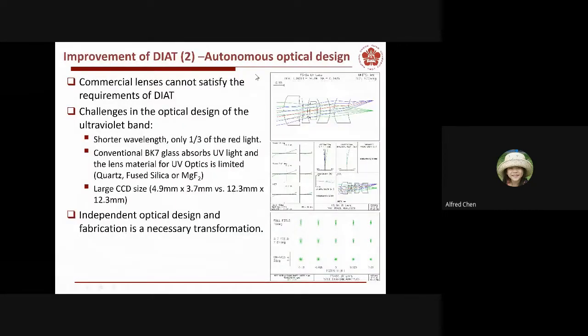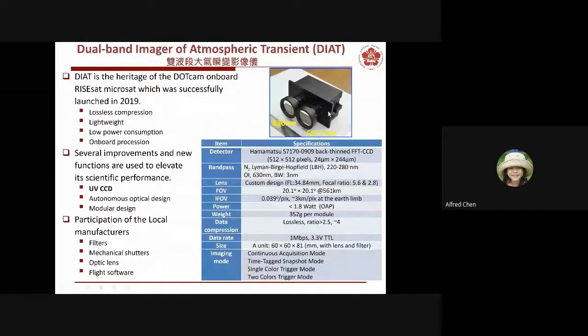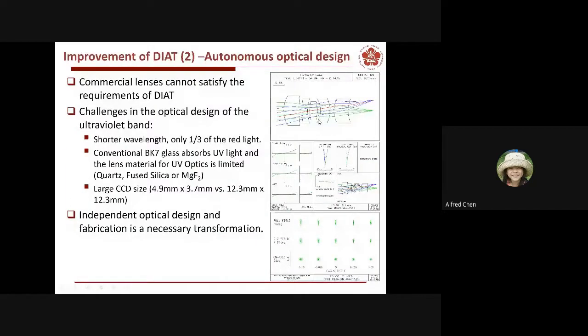And in the previous missions, the cameras were commercial ones. But the commercial cameras and commercial lenses cannot satisfy the requirement of the DIAT. So we have to develop our own capability for optical design. But optical design in the ultraviolet band is very challenging because of the shorter wavelengths.